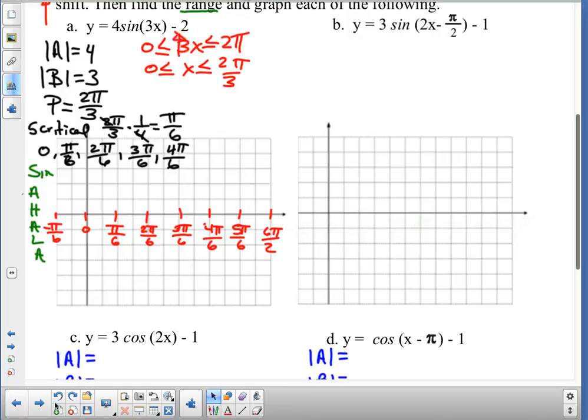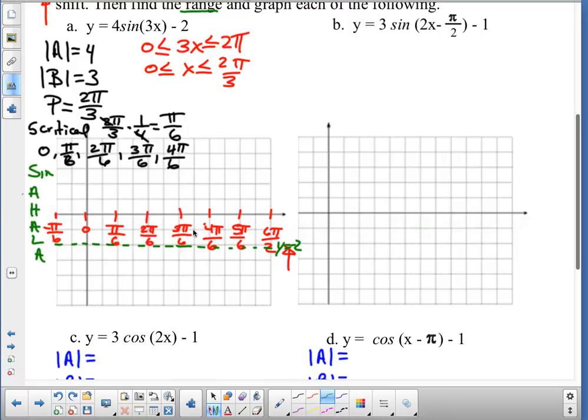So k is a value, and that says -2. So down here at -2, we're going to have my axis of symmetry. Right here, we're going to come across, I've got an axis coming across at y equals -2, and that's where my axis of symmetry of my sinusoid will be.